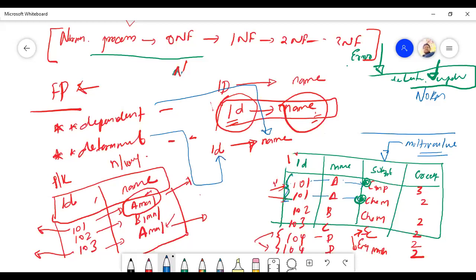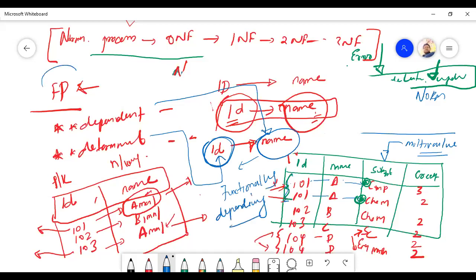ID is the determinant, uniquely identifying. The name is depending on ID. This dependence we call functional dependency. That is why we say FD, functionally depending, right?